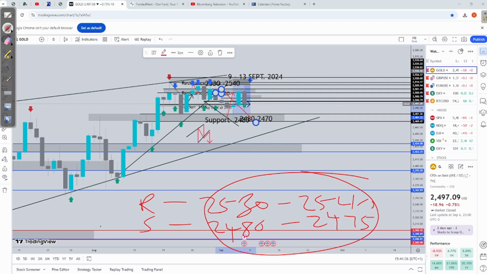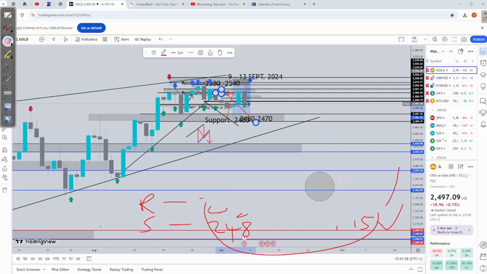These are the key things we should work with. Meaning that if the market gets to this area or this zone, we sell. If it gets to this area, we buy. So that is what I wanted you guys to follow, and you are going to be fine. You're going to do well, right?